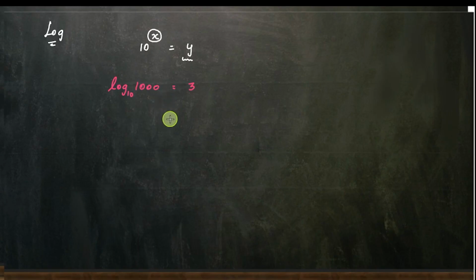So here we have the base 10, and this number raised to the power will give you 1000. This is the value for which you are going to take log. Actually, what you are finding is which power of 10 gives you the number.